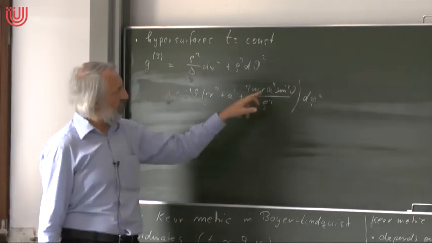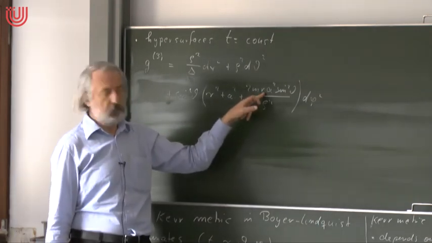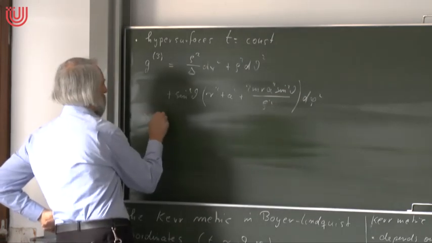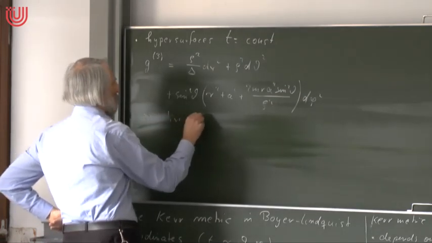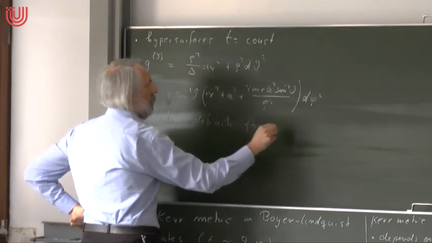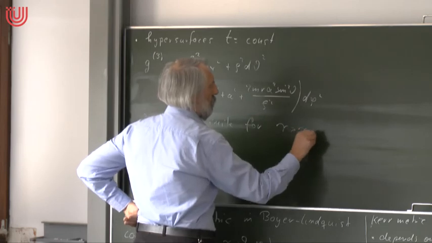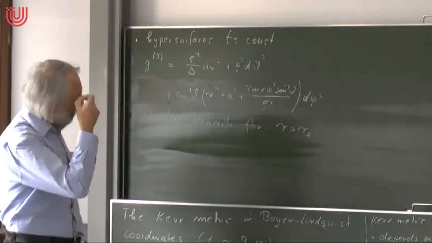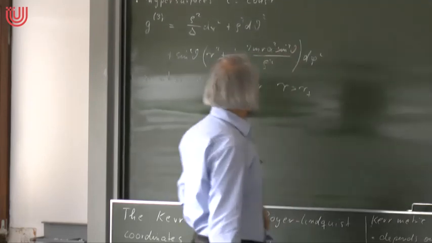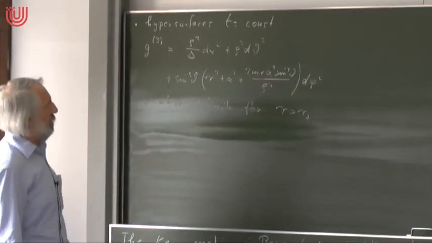Outside of the outer horizon, of course, r is also positive, so this term is also positive. So this here is positive definite for r bigger than r plus. So outside of the outer horizon, the hypersurface t equal constant is in fact space-like.